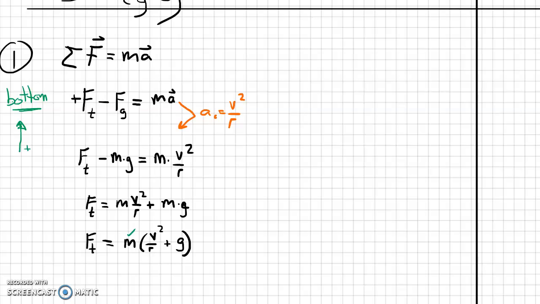I know the mass, I know the velocity, I know the radius, I know gravity because we're here on Earth, and we're trying to solve for the tension force. So we're in good shape now to implement, and I'll do that on the other side, behind the scenes, and we'll pick up together in just a moment.